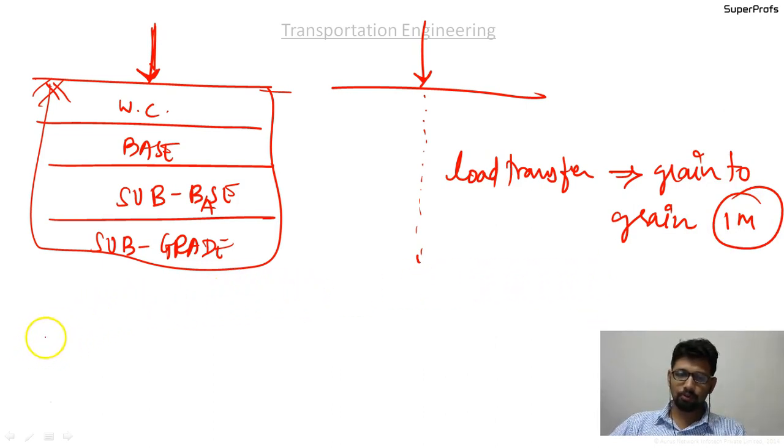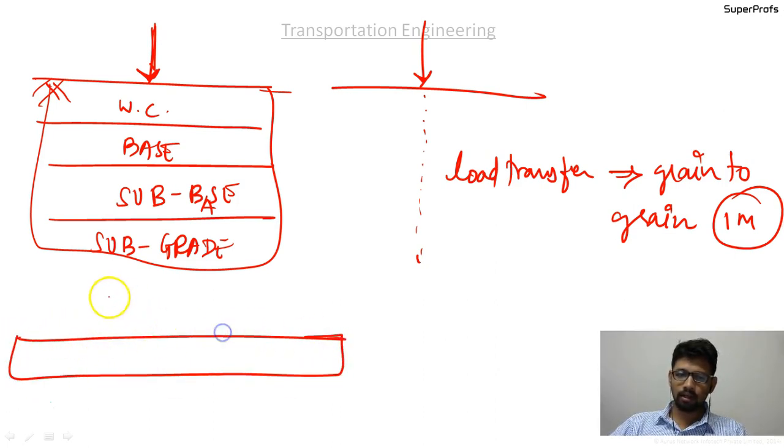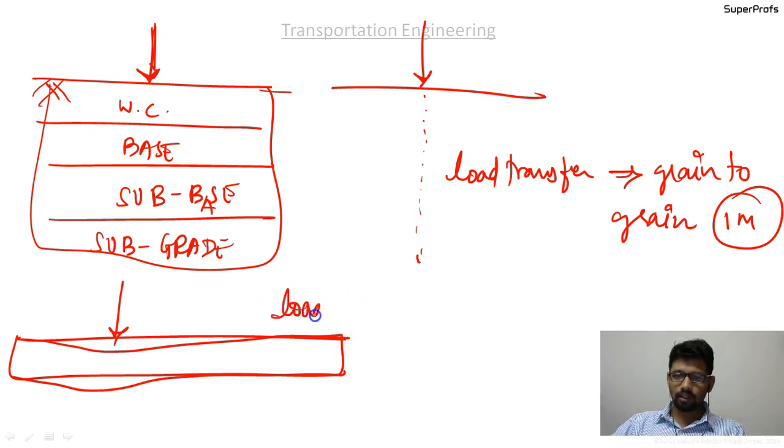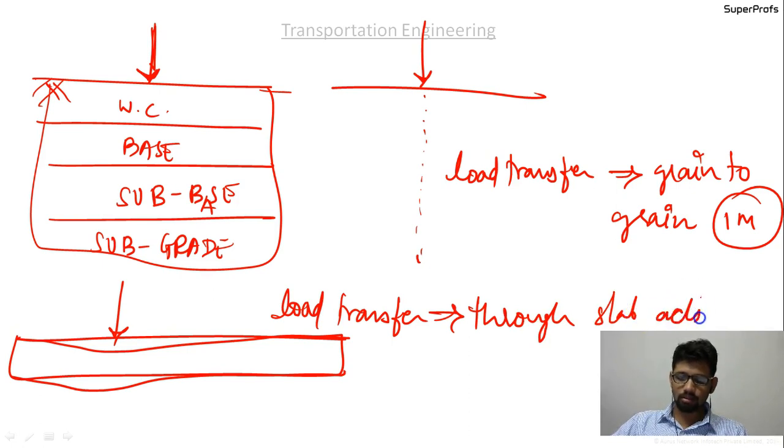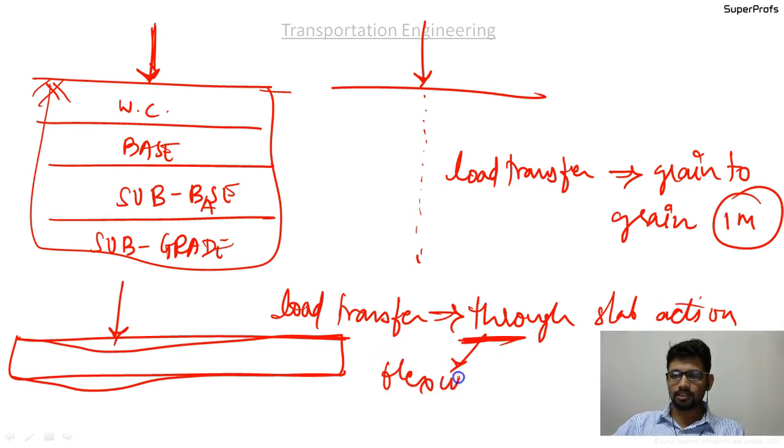But if you consider the rigid pavements, and the load is like this, the pavement bends in this way. Slight bending just like beams, that you cannot see. So load transfer here is through slab action. Slab action is flexure or bending, and we will be learning this in RCC very nicely and clearly.